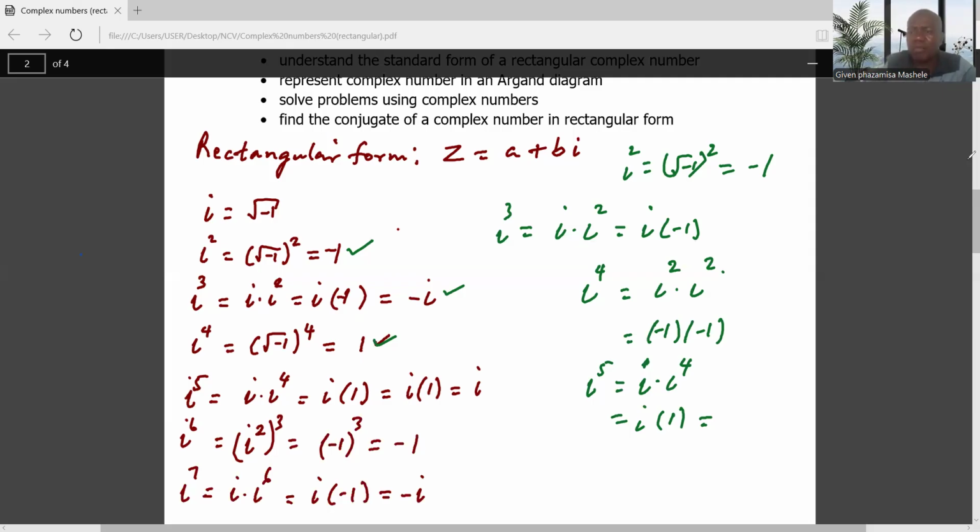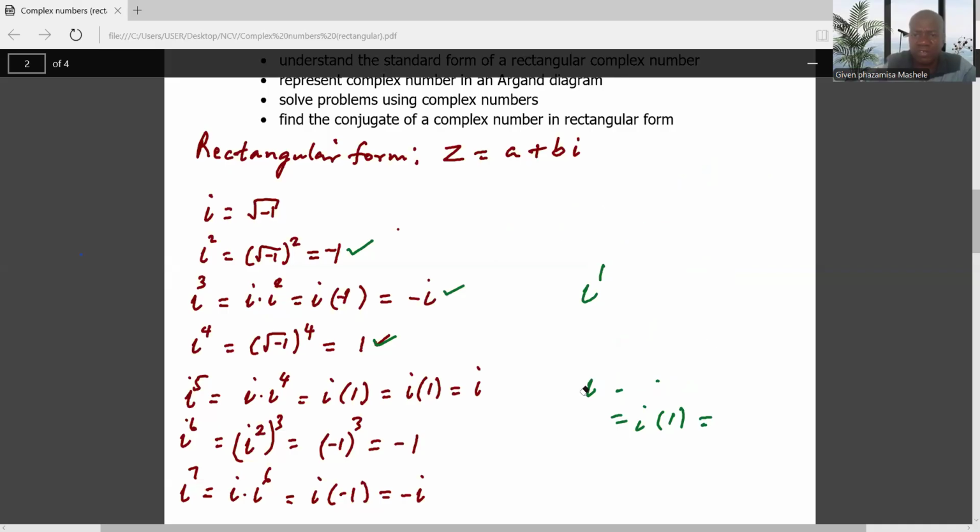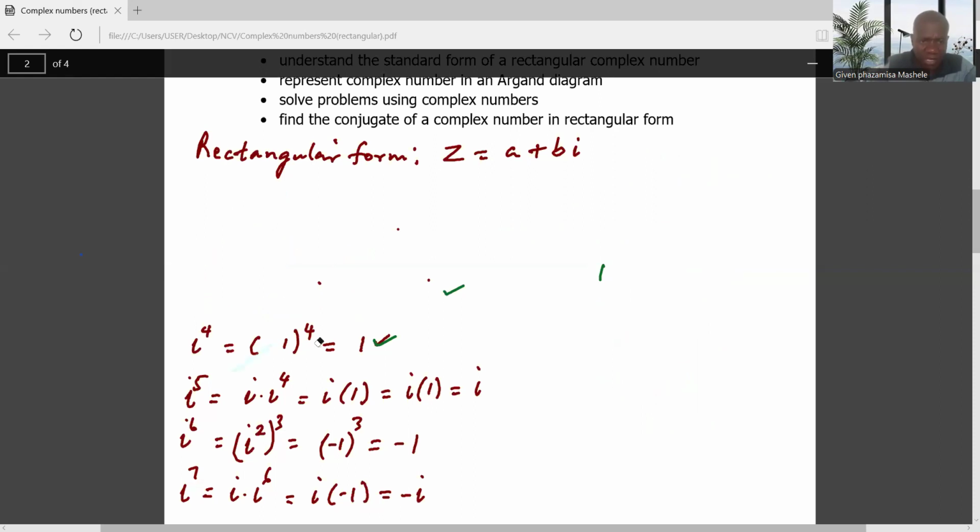Right, let's now move on to the additions and subtractions of complex numbers that are in rectangular form. Either we are adding or we are subtracting. So there's something that we need to understand here.